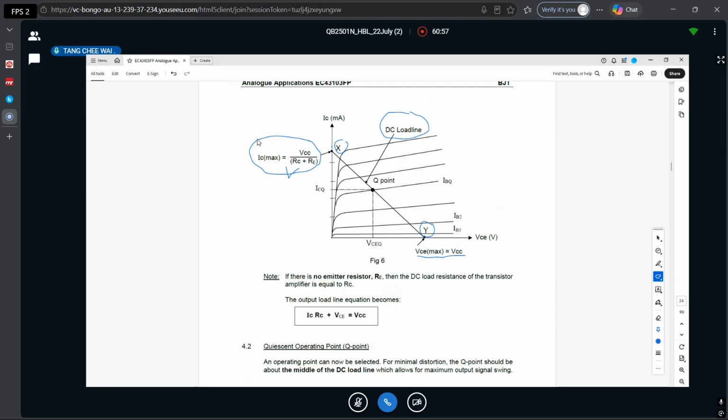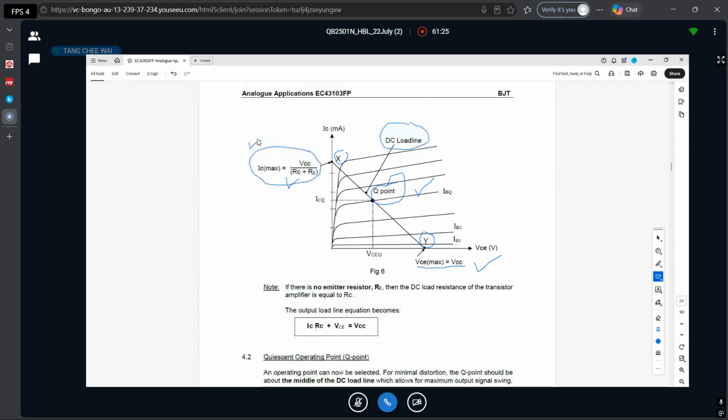And of course, from here, you see that they take the middle characteristic curve, the point where they intersect, and they call it a Q point. So from this diagram, you learn about the saturation region, the active region, and the cutoff. Or if you cannot recall, I bring you back to the beginning here.